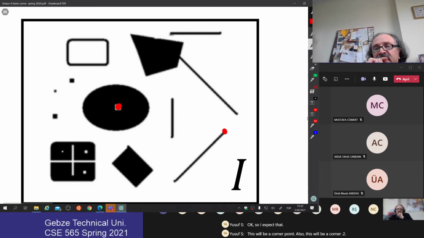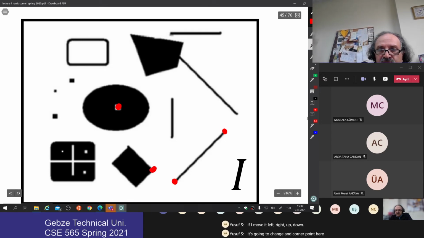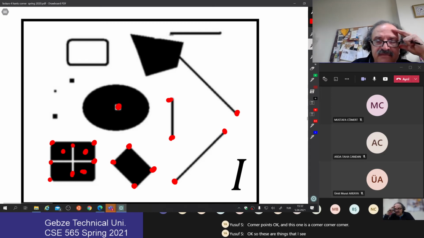If I move it left, right, up, down, it's going to change. Corner points here. These are the corner points. And this one is a corner too. So these are things that I see as corners.